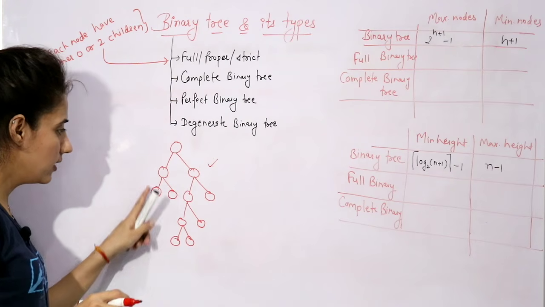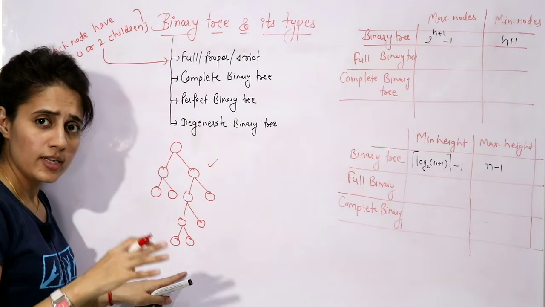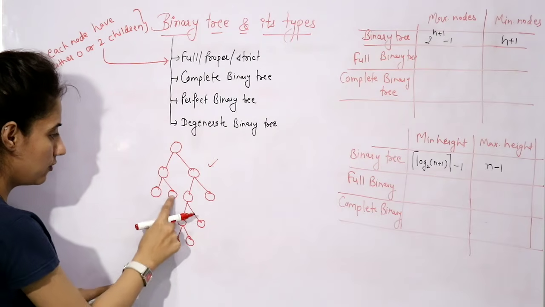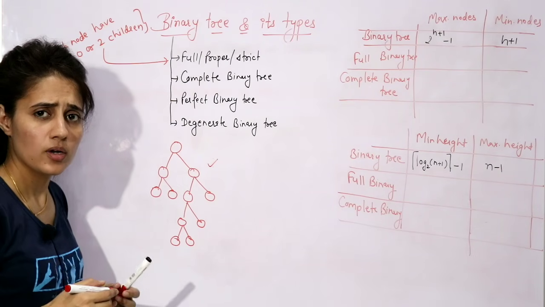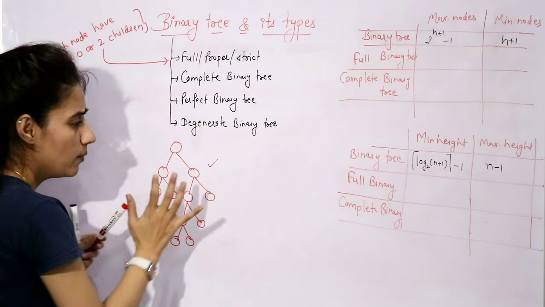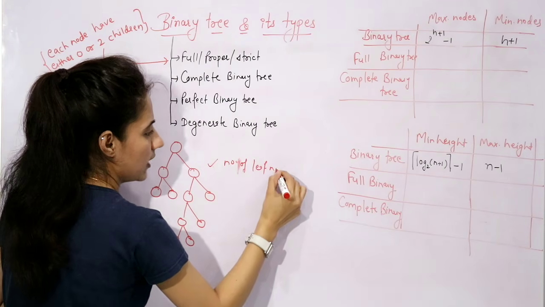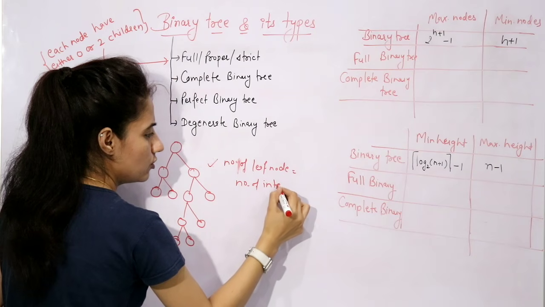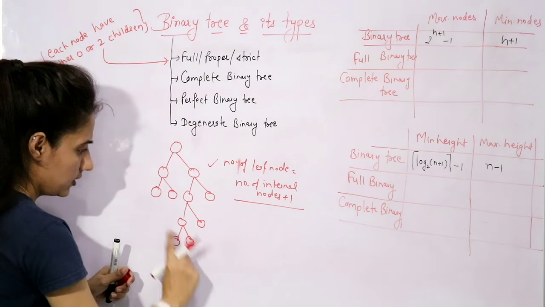Each node contains either 0 or 2 children, or each node contains exactly 2 children except leaf nodes, right. Now the property of a full binary tree is that the number of leaf nodes is equal to the number of internal nodes plus 1.